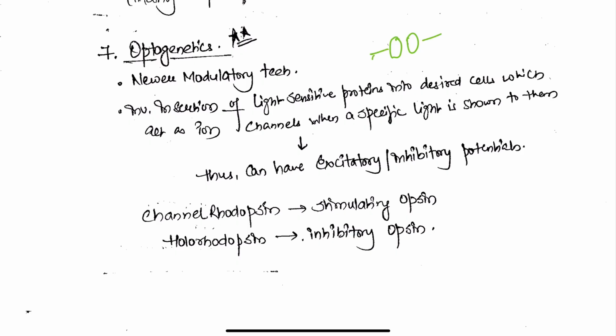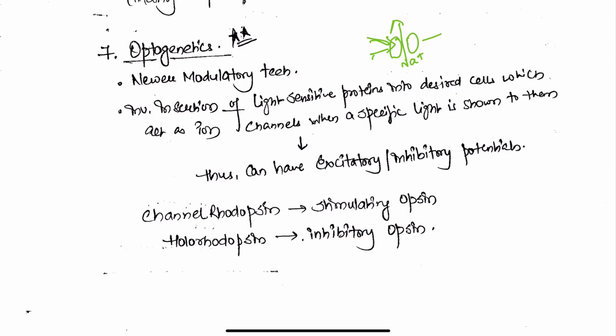Now suppose you have a membrane. If this codes for a sodium channel, whether it opens or closes can be based on the light that is stimulating it. This is called an opsin. So with specific light you can either open a channel or close a channel.